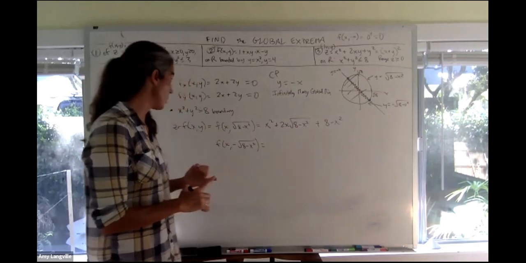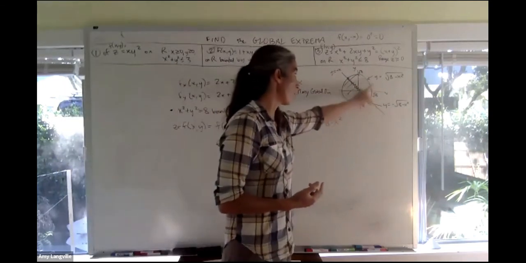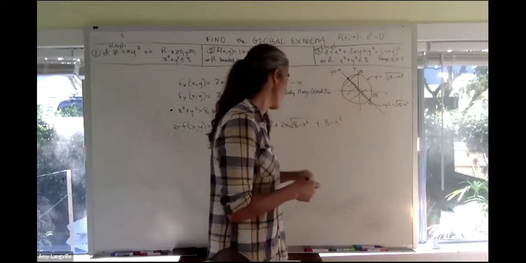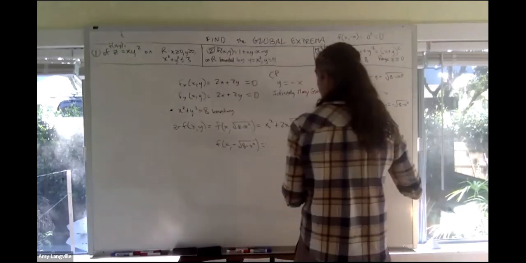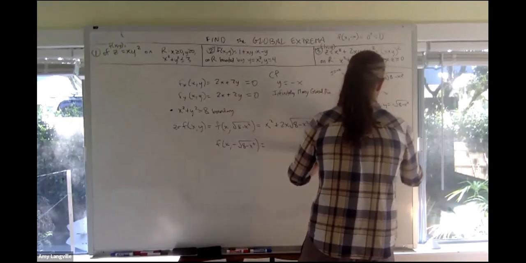In this case, for the EPs, x will range from minus square root of 8 to square root of 8 when I'm looking at the top half of the circle, and same thing when I'm looking at the bottom half of the circle. So the EPs I would need to check: x, y, z.